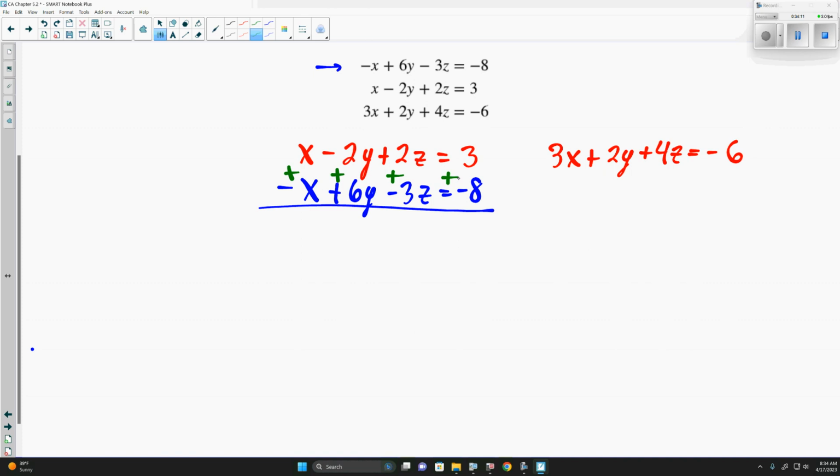X plus negative x, 1 plus negative 1, is indeed 0. Negative 2y plus 6y, 6 minus 2 is 4, so we have 4y. 2z plus negative 3z, 2 minus 3 is negative 1z. And lastly, 3 plus negative 8 is negative 5.